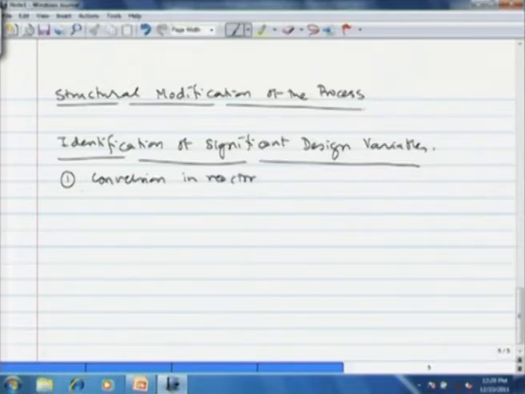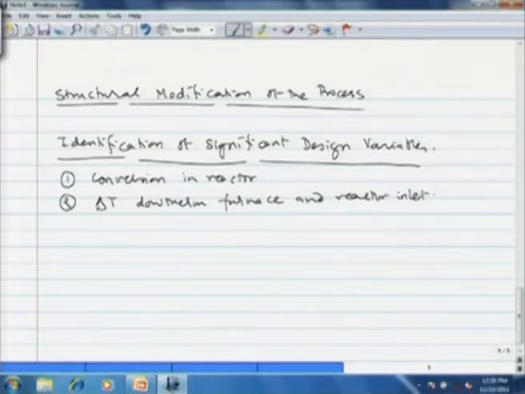The second is the delta T, temperature difference between the diatherm furnace and the reactor inlet. Then third is the temperature difference or approach temperature between the preheater exit temperature and the temperature of reactor effluent entering the feed to effluent heat exchanger.